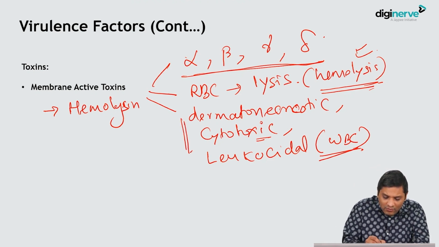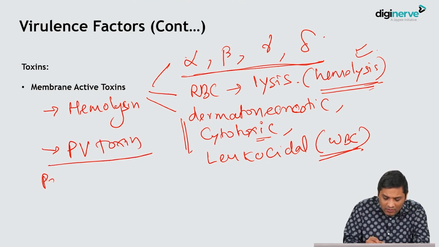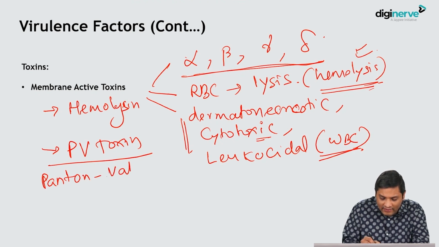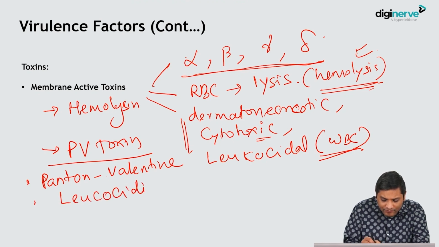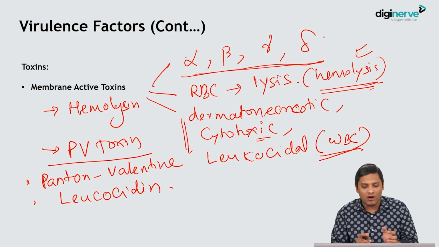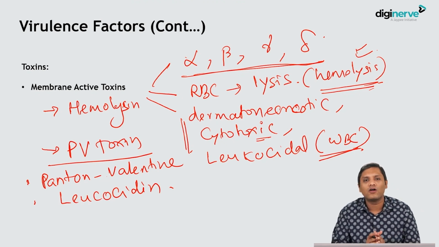Then one more type of membrane active toxin is called PV toxin, named after the scientists, Panton Valentine toxin, or it is also called leukocidin.